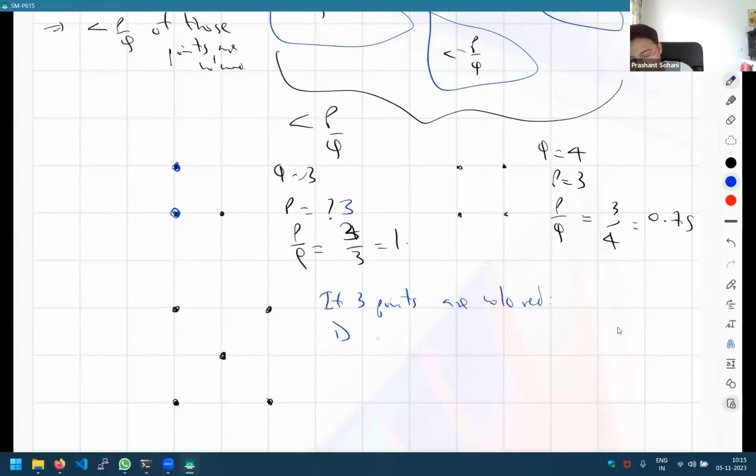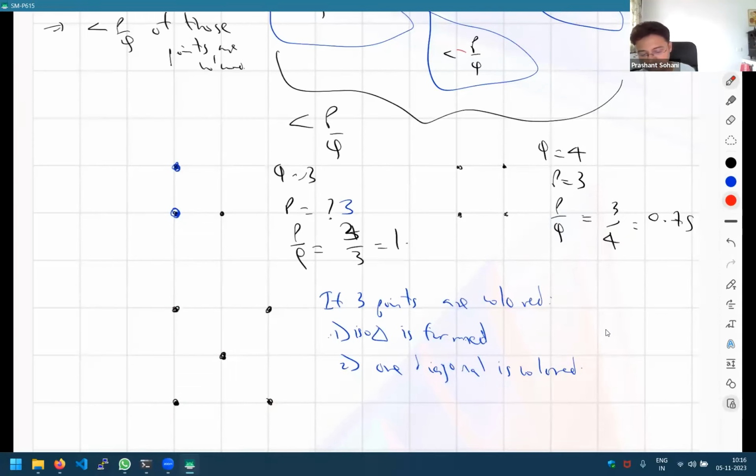Either an isosceles right angle triangle is formed, or if no such triangle is formed, then it is forced that one diagonal is colored, right? I leave it as an exercise for you to check that one of these has to happen. Without forming a right angle triangle, it is impossible to color a non-diagonal. Like any 3 points, if you color apart from a diagonal, you will always form a right angle triangle.